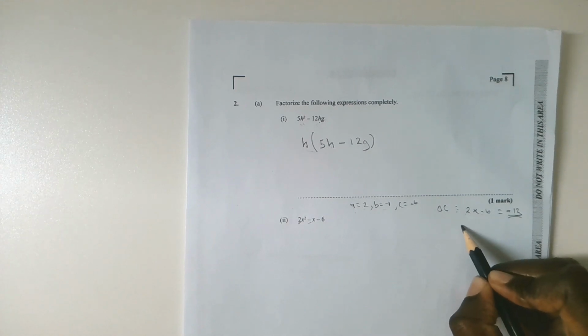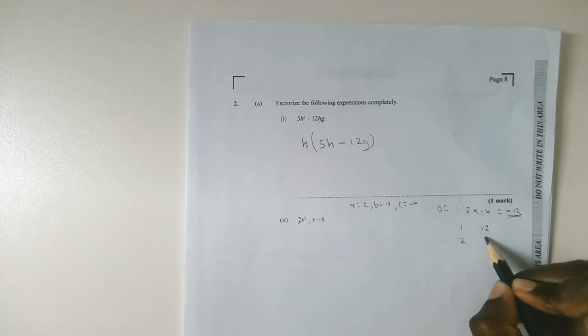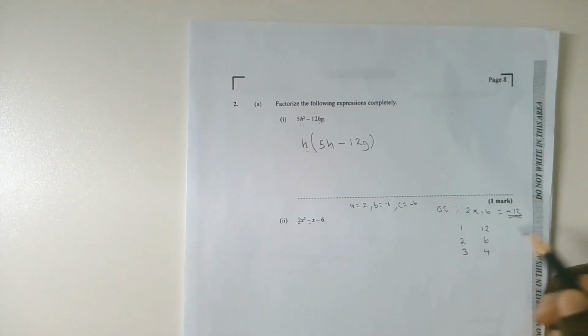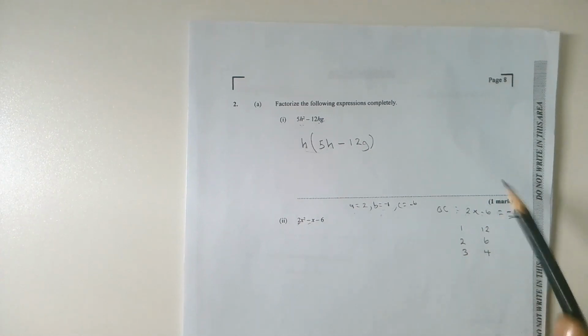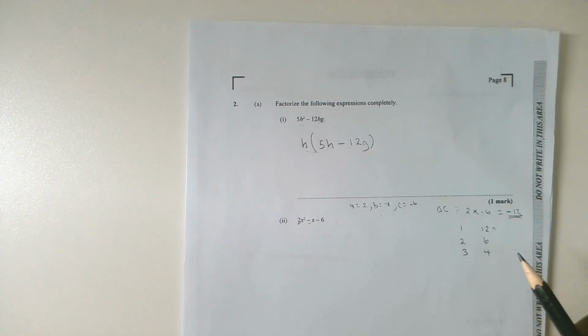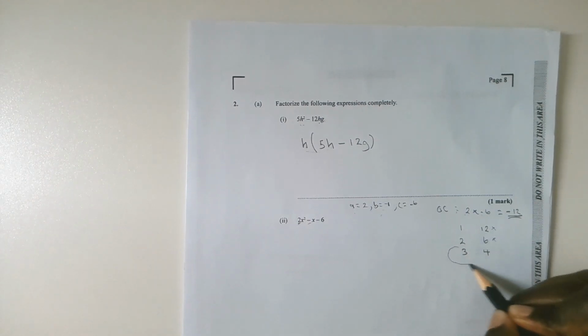So we're going to have 1 times 12, 2 times 6, and 3 times 4. And these are our factors of 12. Remember, we need to find numbers that when added or subtracted would give us our B value. So looking at these, this would not give me a minus 1 value. This would not give me a minus 1 value, but these two numbers can give me a minus 1 value.